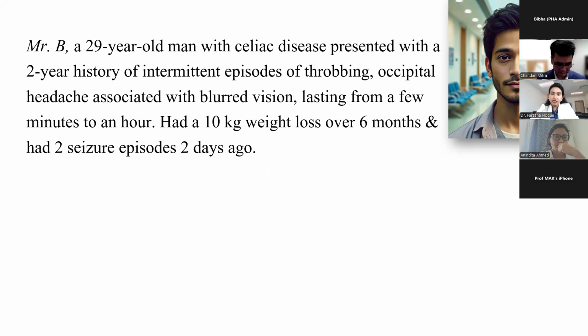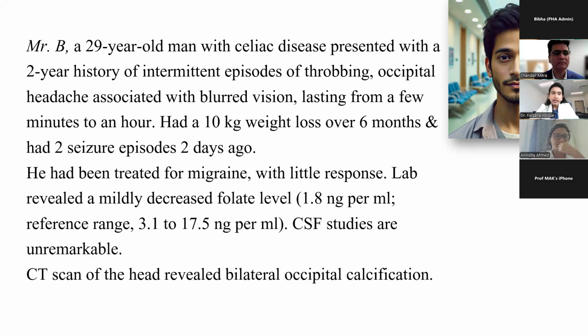He had a 10 kg weight loss over 6 months and had seizure episodes 2 days ago. He had been treated for migraine with little response. Labs revealed mildly decreased folate, and CSF studies were unremarkable. CT scan of the head revealed bilateral occipital calcification.